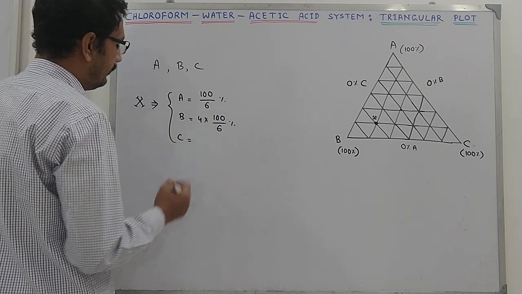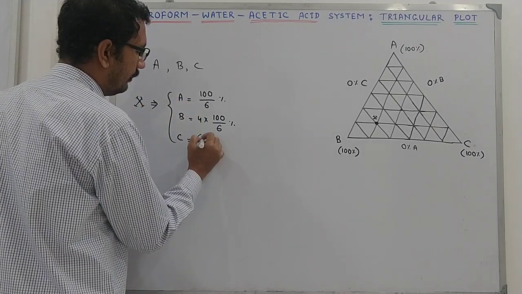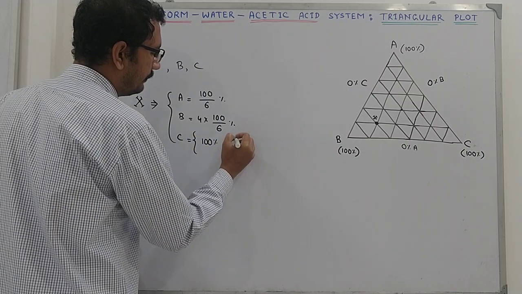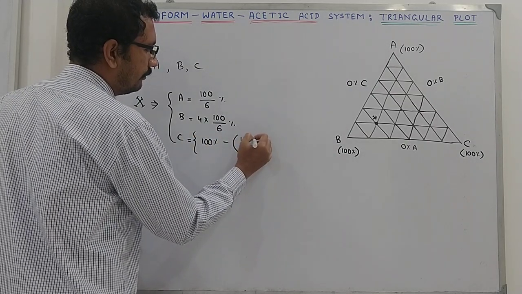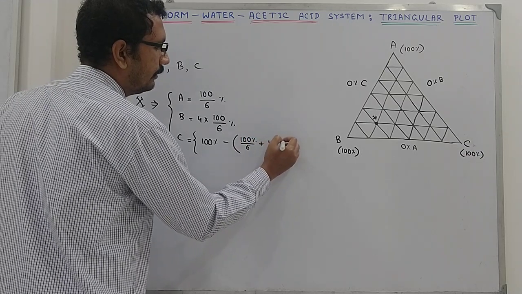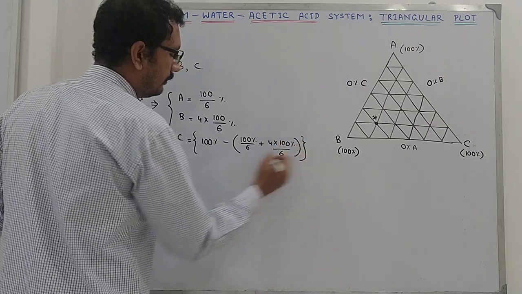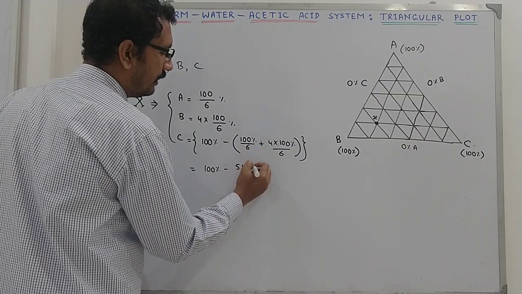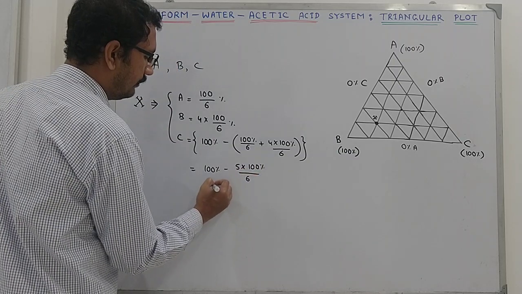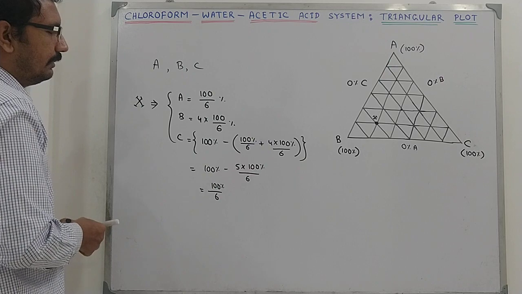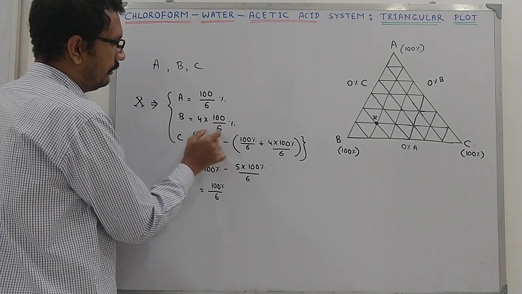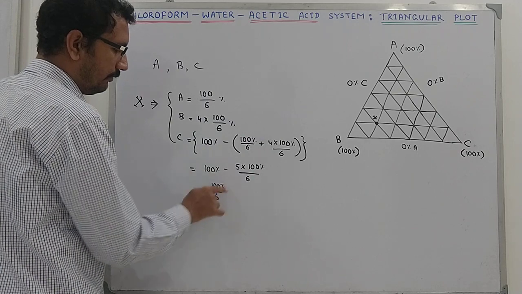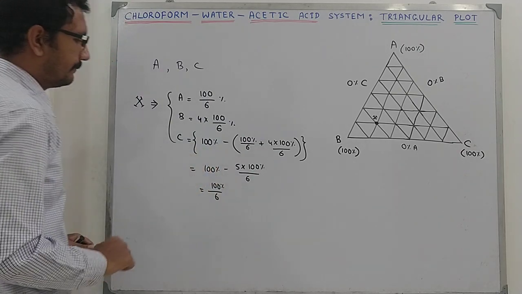So it is evident that since the total is 100%, it is 100% minus 100% by 6 plus 4 into 100% by 6, that is 100% minus 5 into 100% by 6, so you will get 100% by 6.